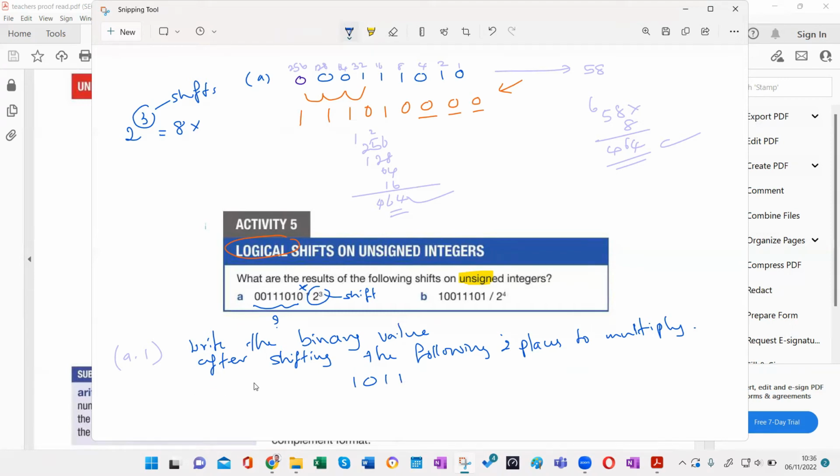Write the binary value after shifting the following 2 places to multiply. That's one. I'll give you 2 minutes quickly.